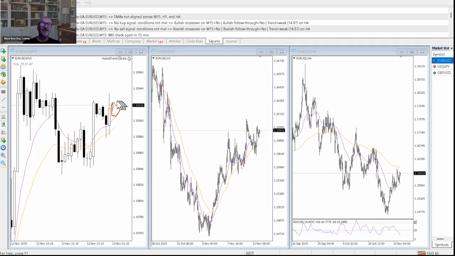This candle is definitely down versus the prior candle and even versus this candle. So there is no strong follow through, and this would not be a signal to take or a trade to take no matter what. So this is how it works, and it repeats that process over and over.